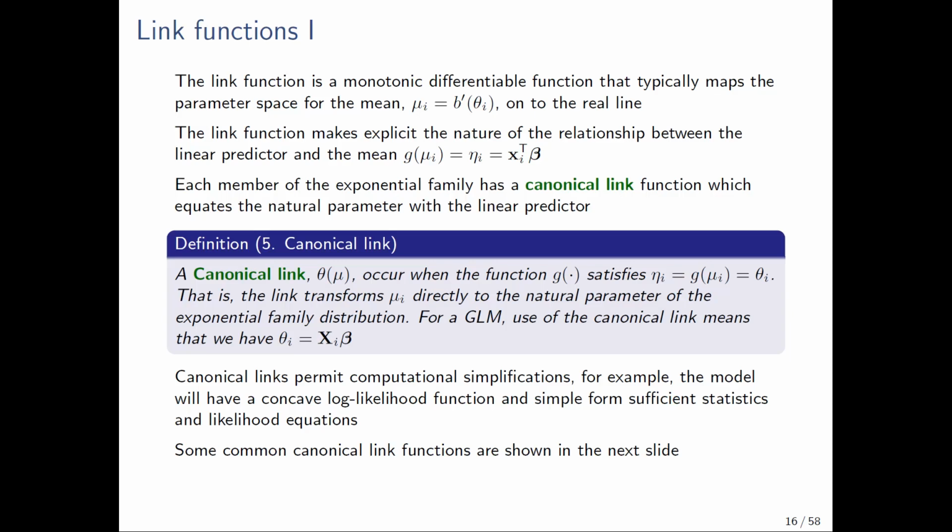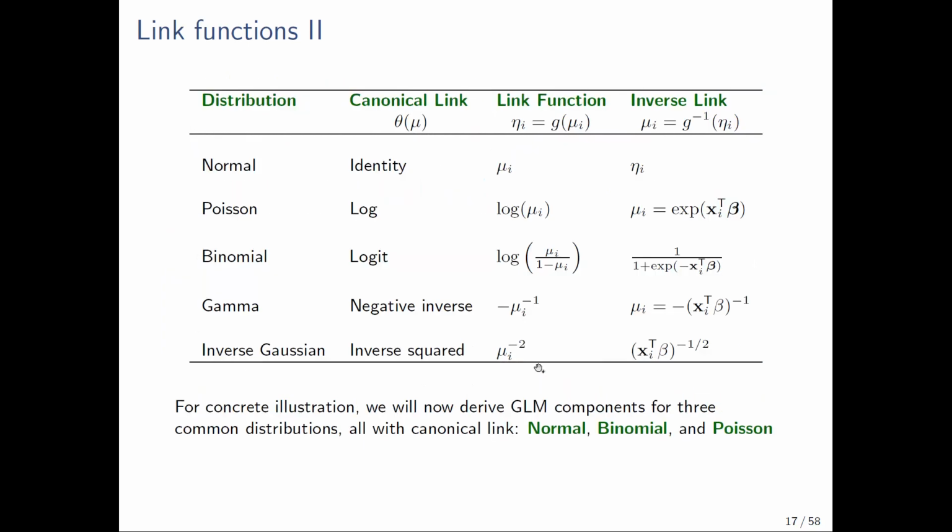And for a GLM, use of a canonical link means that theta i equals the linear predictor itself. That's what it means. So very, very simple. Now canonical links can permit computational simplifications. For example, the model will have a concave log likelihood function and simple form sufficient statistics and likelihood equations, and some canonical link functions are shown on the next slide.